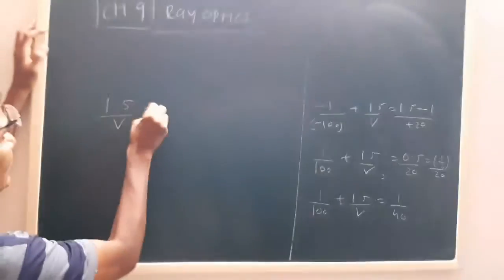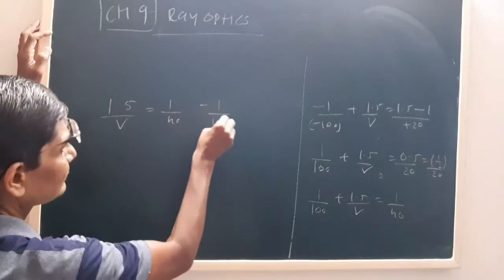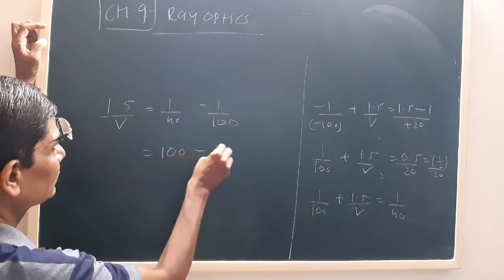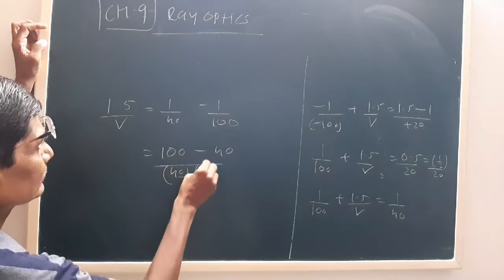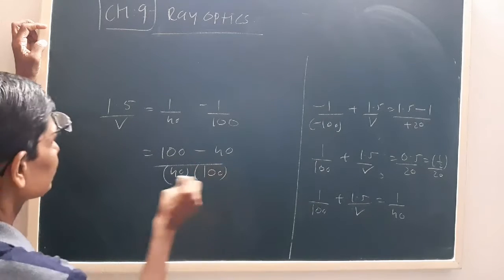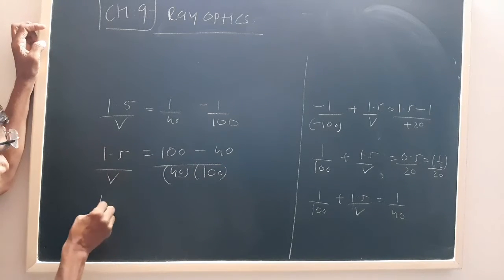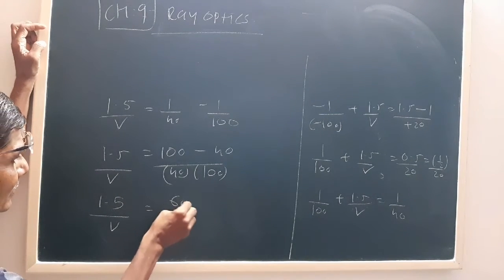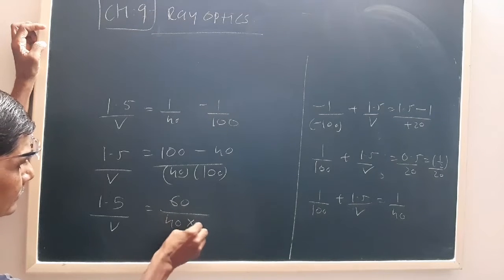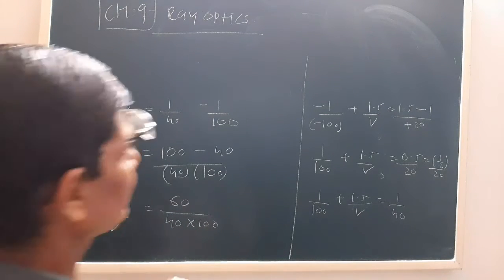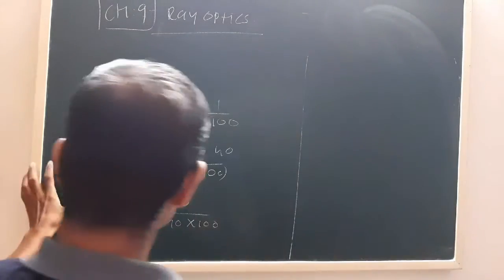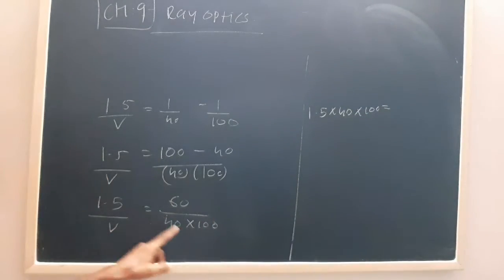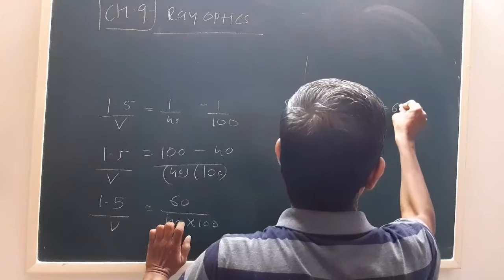1.5 upon v is equal to 1 upon 40 minus 1 upon 100. Now if I simplify, 100 minus 40 upon 4000, this will be 60. Now if I simplify, 1.5 into 40 into 100, cross multiplication is 60 into v.